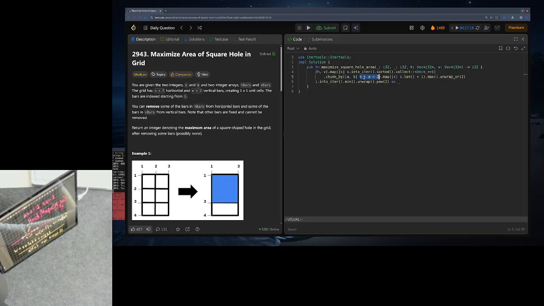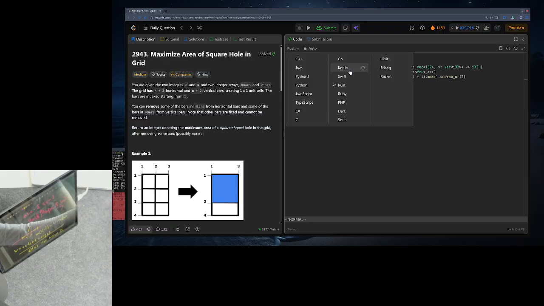If the difference is 1, it's an interesting chunk. Then we just take the length of the chunks, do +1, and then find the minimum of these two. This is a maximum of chunks, and this is a minimum of horizontal and vertical. Then we do a squaring operation, and this is the solution.